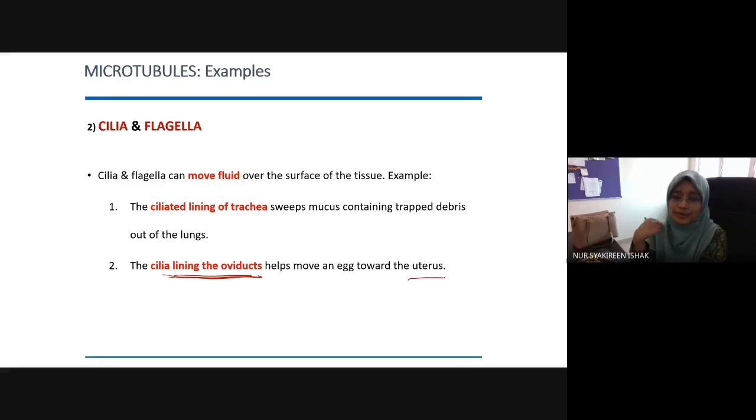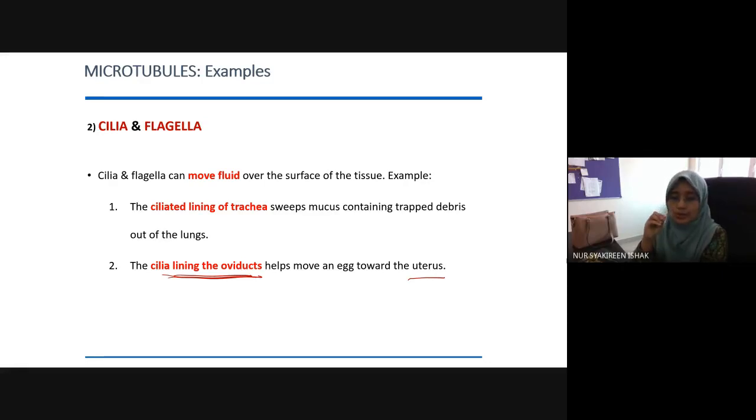So the air will be filtered by the hair in your nostril and also by the cilia lining the trachea. Cells of the trachea will have cilia. The function of the cilia is to trap the debris or contaminants that you breathe in and prevent them from getting into the lungs.